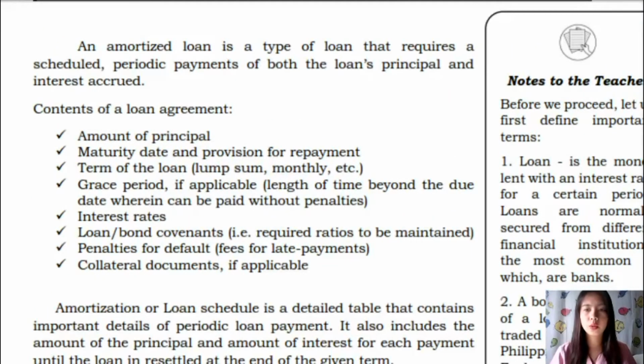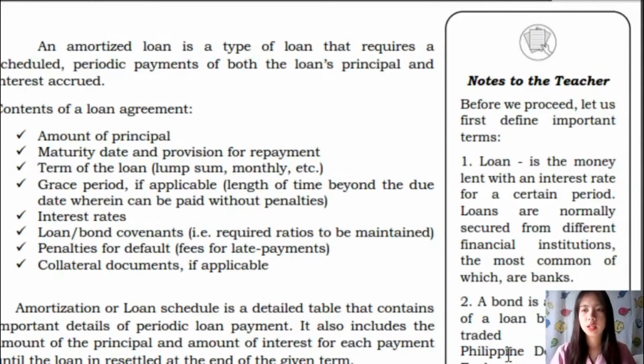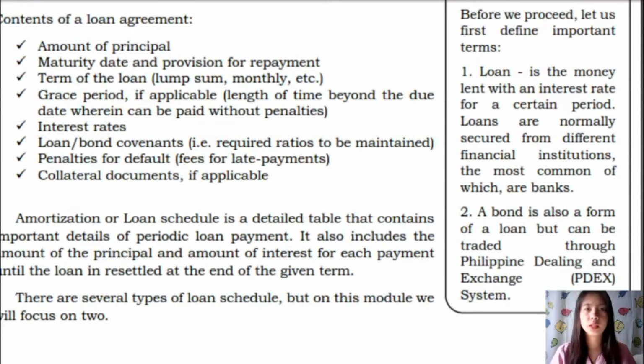Before I go on with the discussion, let's have a review first. Let's first define important terms. First, loan. It is the money lent with an interest rate for a certain period of time.